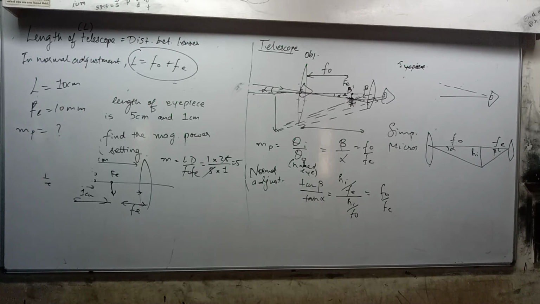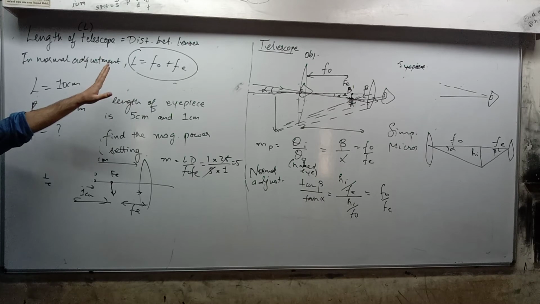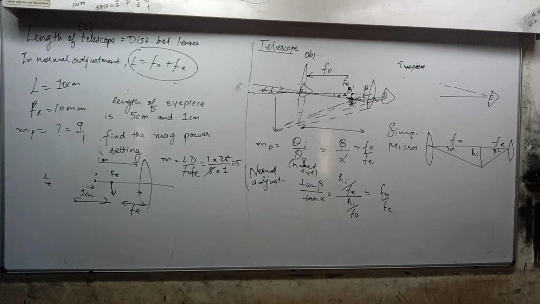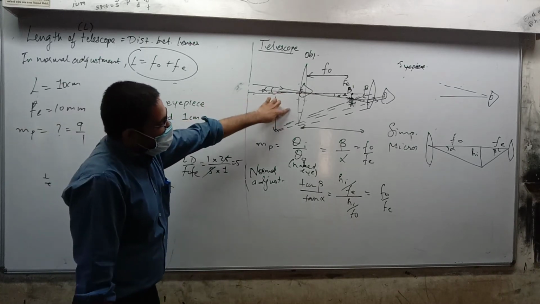That's all they ask. Understood? So just use this to find FO. Right? So what will come? 9/1 will come, right? Clear or not clear? Okay? So that's it.